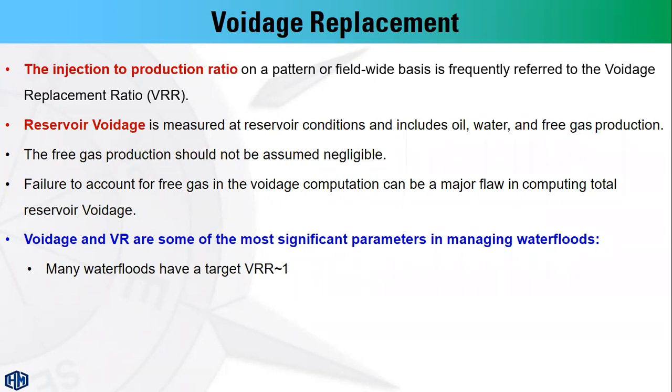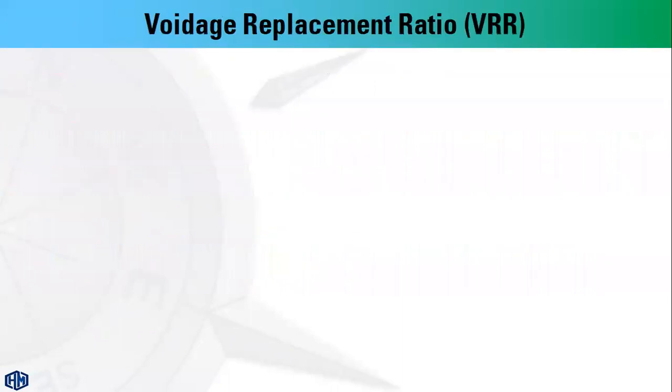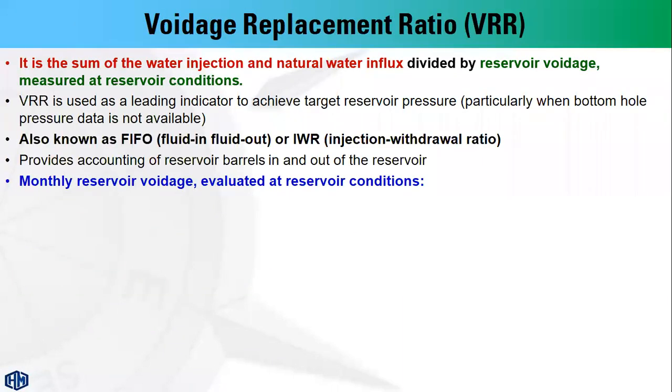So the target for the majority of water flooding projects is to achieve a voidage replacement ratio more or less 1. It's recommended to be higher than 1. The voidage replacement ratio is the summation of water injection plus any water influx due to an aquifer and so on, divided by the reservoir voidage measured at reservoir conditions. It can be defined as fluid in, fluid out, or injection withdrawal ratio.